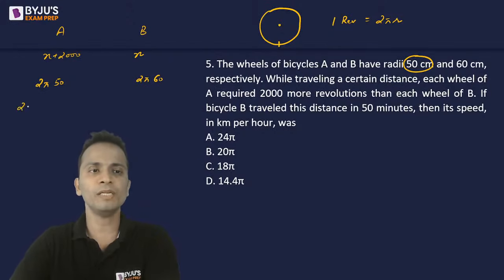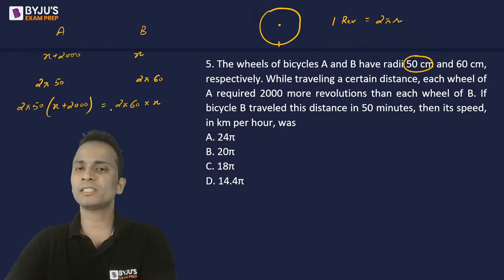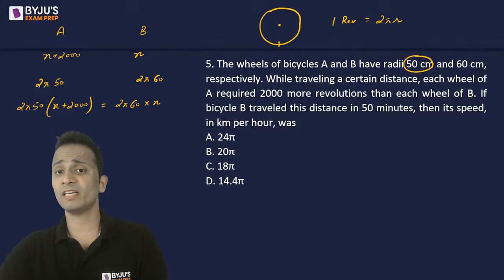This is the distance covered in one revolution multiplied by the number of revolutions, which will be the total distance covered by wheel A. Similarly, wheel B will cover 2 pi into 60 multiplied by x. Now, the distance covered by both the wheels will be equal while traveling a certain distance.